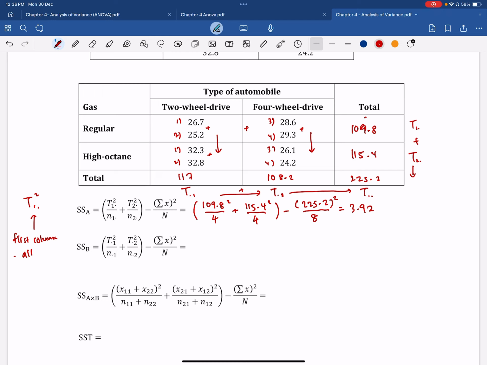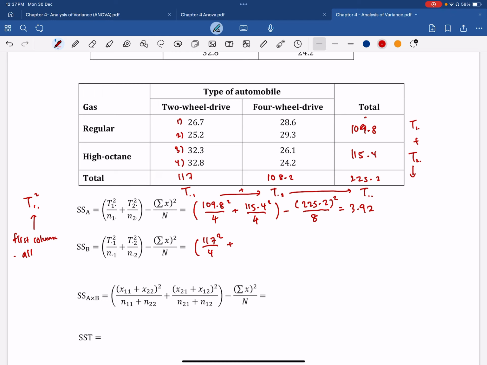All right, let's take a look at SSB. To make it clear, T dot 1 squared is column 1, 117 squared over how many n in this column? 1, 2, 3, 4, so 4.